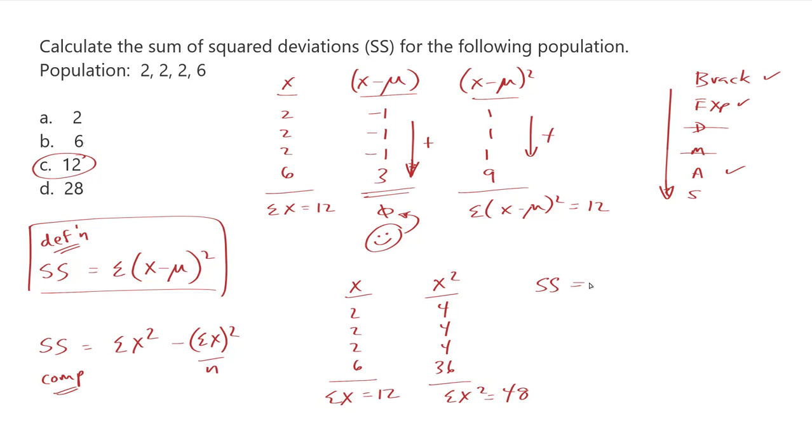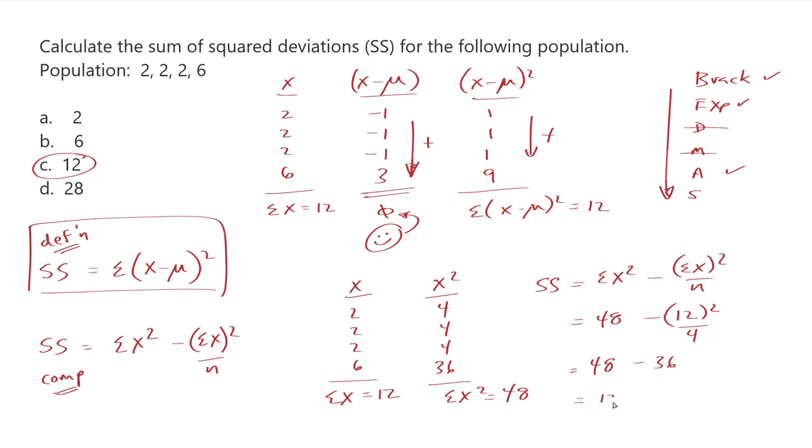My sum of squares is the sum of x squared minus the sum of x, in brackets, squared over n. I'm going to put in the 48, and then it's going to be 12 squared, and I had 4 values. 12 squared is 144, and 144 divided by 4 is 36, so this is going to be 48 minus 36.